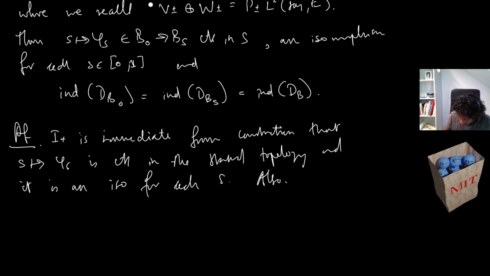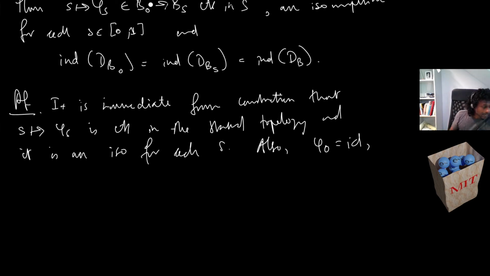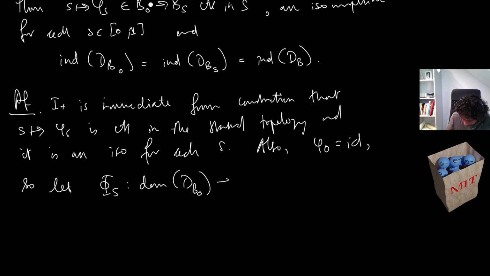Also, phi of 0 is the identity as we want. Let phi of S from DOM dB naught to DOM dBs be the induced isomorphism.